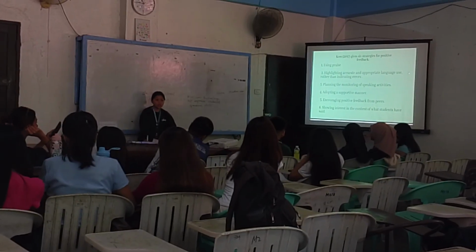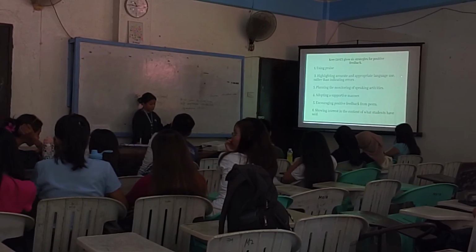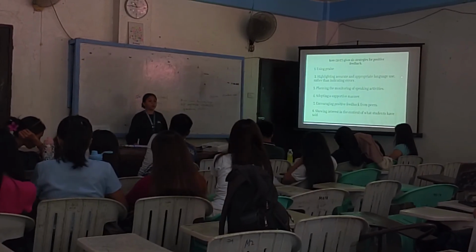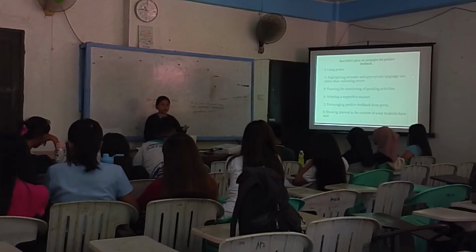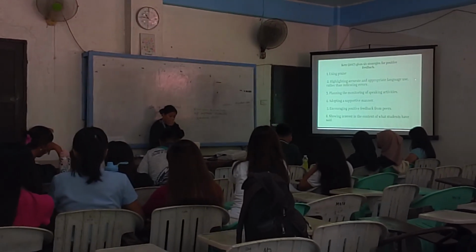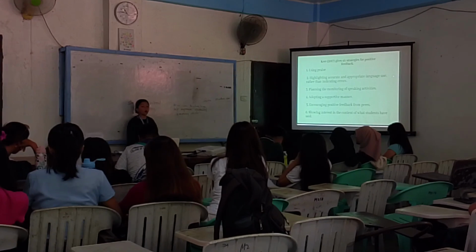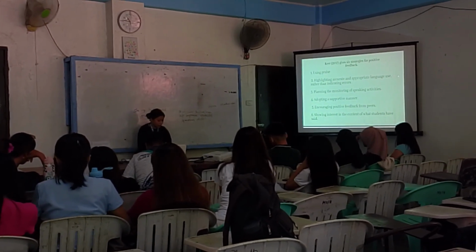So number 5 is encouraging positive feedback from peers. The students should also learn to support and constructively critique each other. For example, after a group performance, group 1 is already done performing their role play. The teacher will also ask their peers or their audience to give feedback.